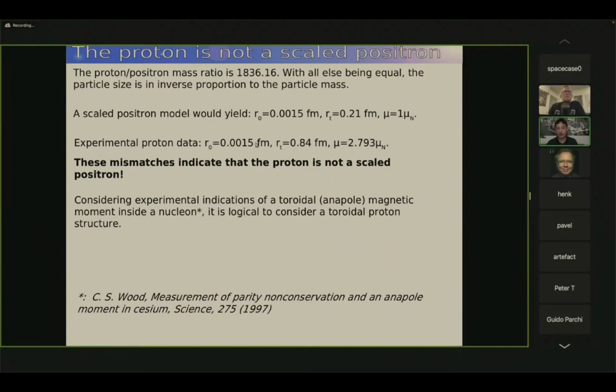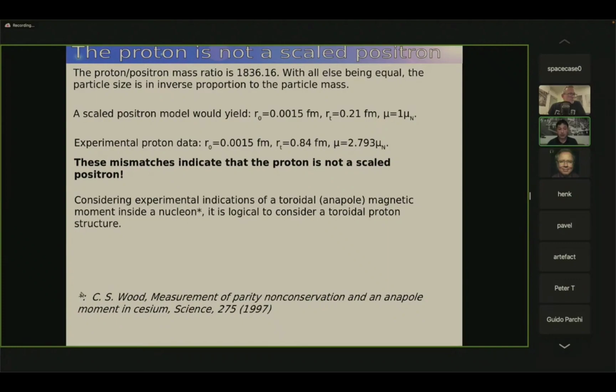Now, the experimental data, as you can see from the spherical radius, it matches. For the other two numbers, it's the same order of magnitude, but doesn't really match. There is a factor of 4 here and a factor of almost 3 here. So these mismatches mean that the proton is not just a scaled positron. We have to consider another structure.